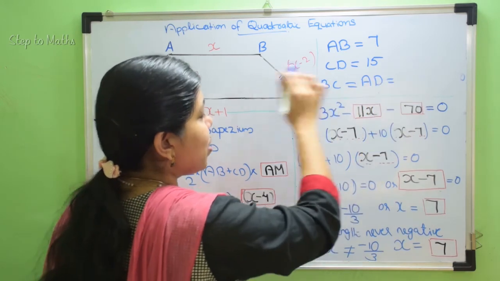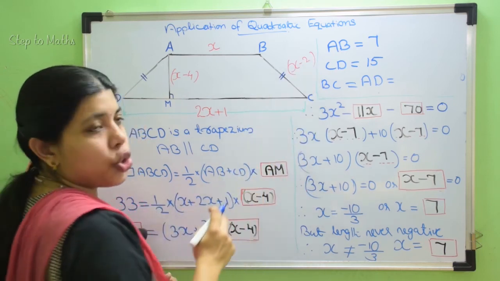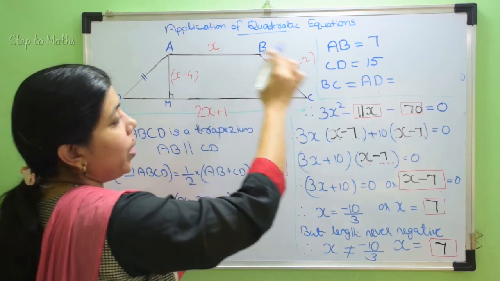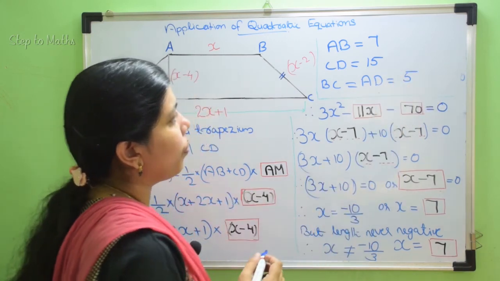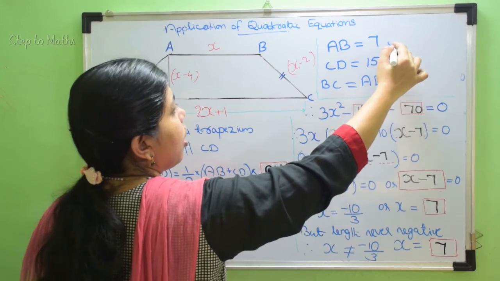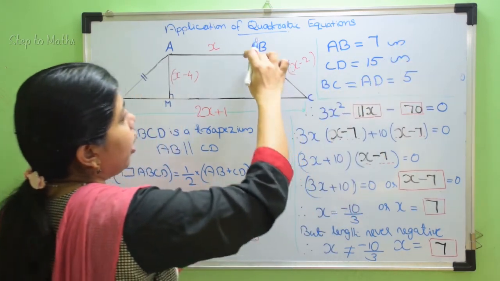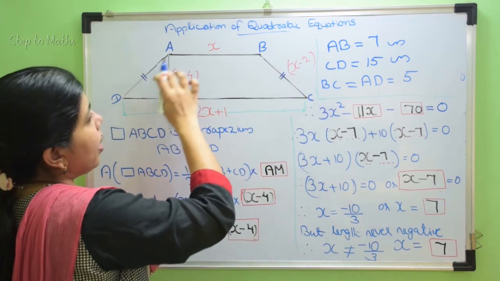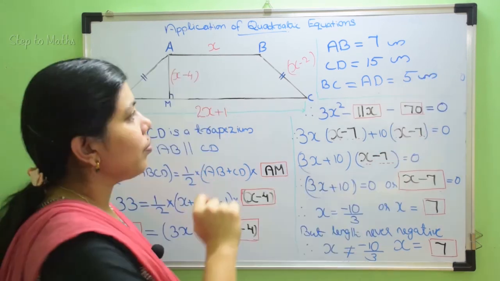The length of those two sides are the same. That is x minus 2. Here the value of x is 7. So 7 minus 2 is 5. Length of AB is 7 centimeter and length of CD is 15 centimeter. Length of BC and AD equal to 5 centimeter.